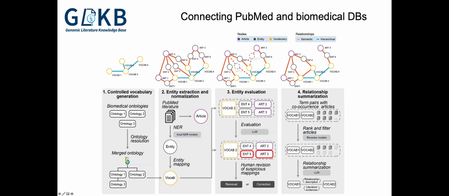In the end, we summarize the relations so that we can build this literature knowledge graph. You can see here we have articles 1, 2, 3, and entities 1 to 6, where 3 and 5 were dropped during entity evaluation, and then we have 4 vocabularies. So essentially, this is what the literature knowledge graph looks like.